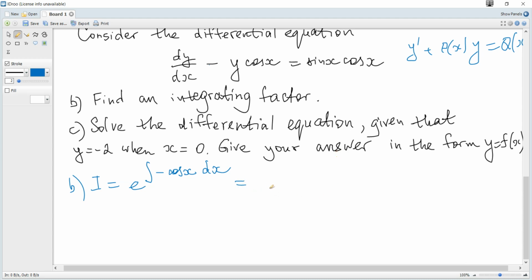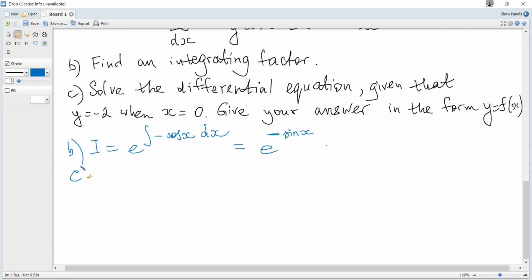It is equal to e to the power of sine, but sine's derivative is cosine, we need negative cosine, so it's negative sine. And it's the required integrating factor.